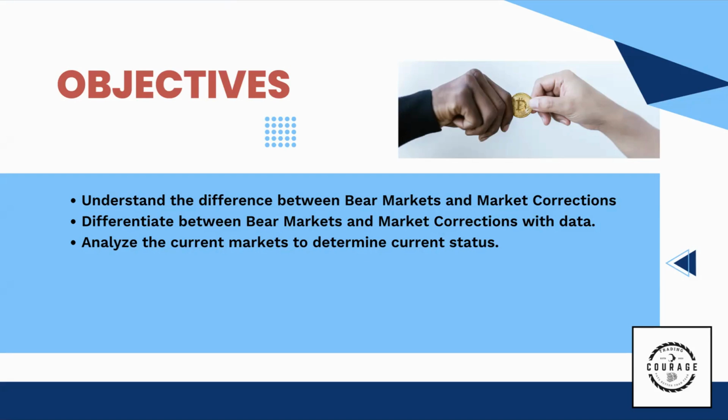And what we're then going to do is look at the data that differentiates bear markets from market corrections. There are specific drawdown points that, when you hit those percentages, tell you that this is a bear market, this is a market correction. So we'll get into that. And then we're going to look at the current markets and really look at what the status is in terms of the definitions and see where we are.